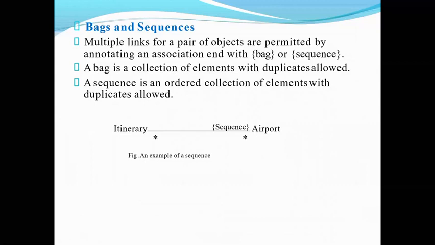It means that this is a collection of objects where, in the other end, all the duplicated values will appear. If they appear, then that is known as a sequence. A bag only collects the duplicate elements, but a sequence will visualize how many duplicated values are there. This is the concept of bags and sequence.